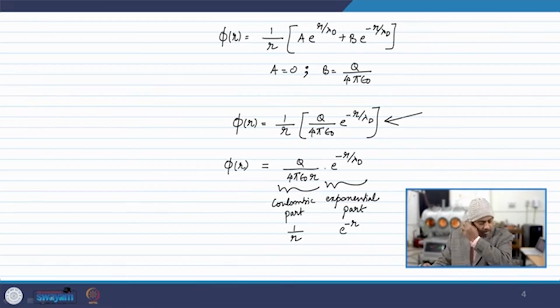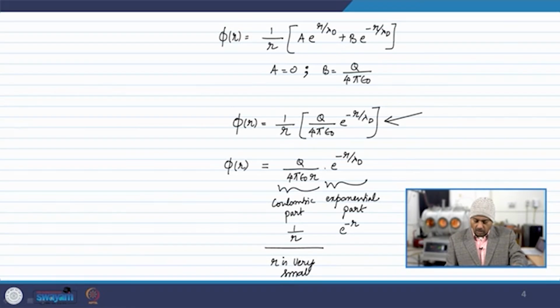So, we realize that it is Coulombic in nature. This part is relevant because of the constant b. The Coulombic part is relevant when r is very small, isn't it?